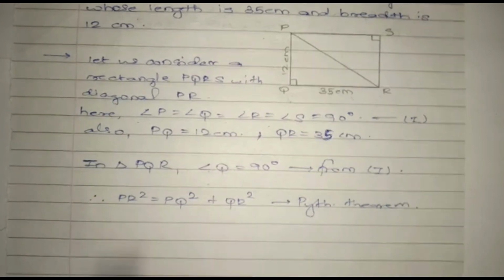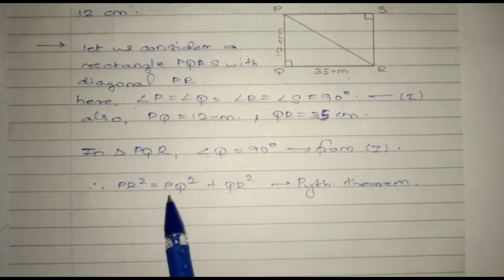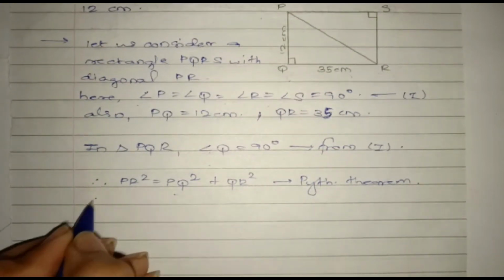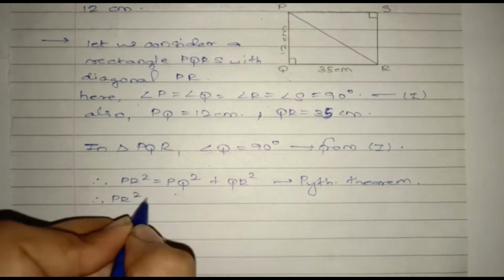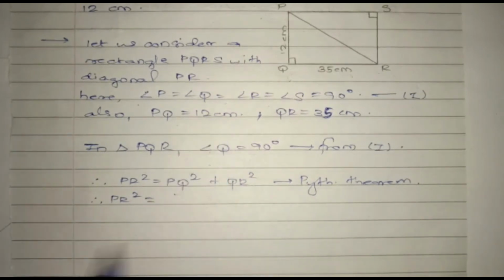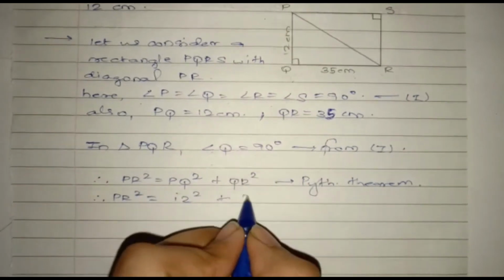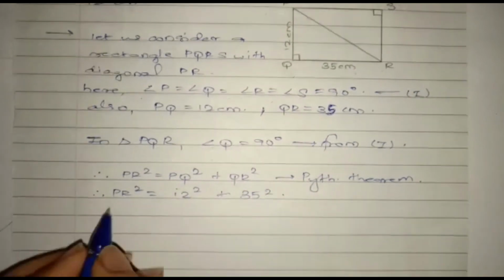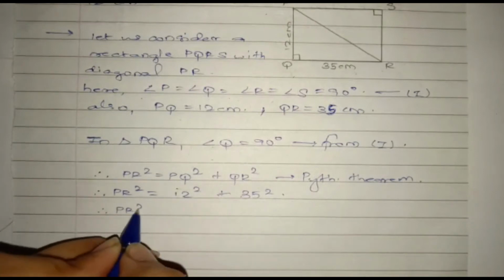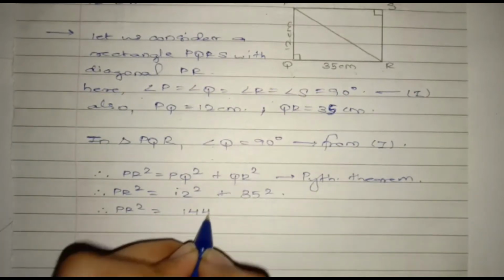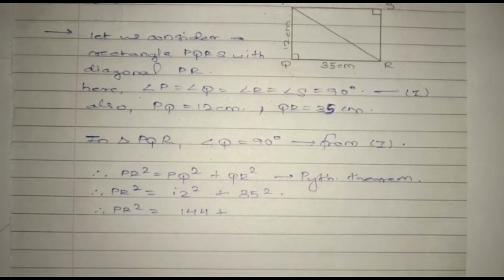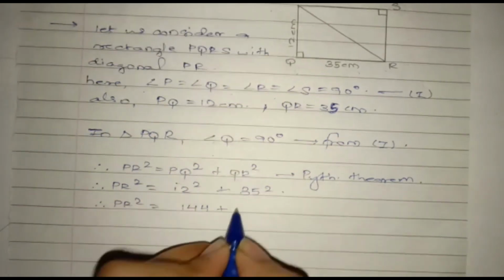Therefore PR square is equal to, what is PQ? PQ is 12 centimeter. It is 12 square plus QR is 35 square. Therefore PR square is equal to 144 plus 1225.